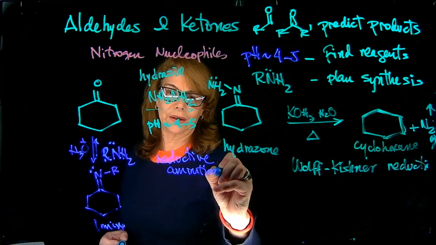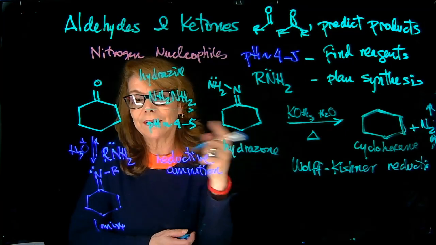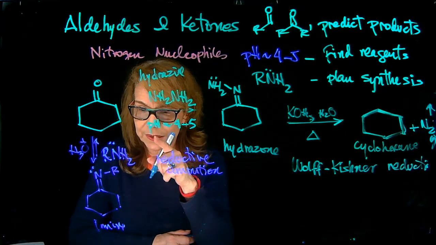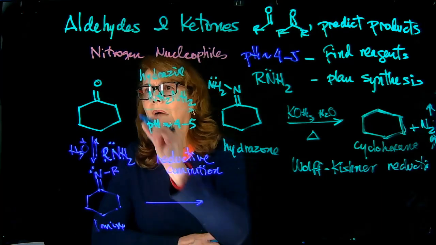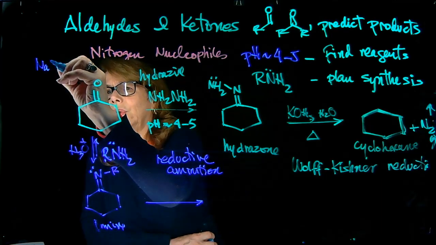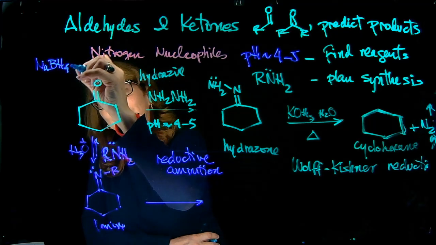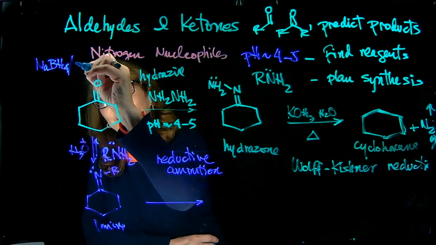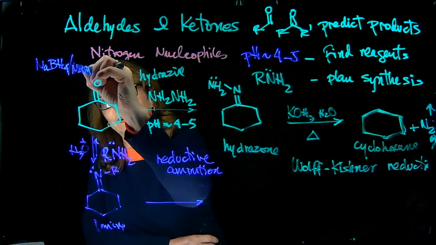It is another reduction, but in this case, we will use a hydride that will reduce selectively imines and enamines. And that is, think of, here we have sodium borohydride. Remember that we can use protic solvents with this, such as methanol. That's where you use aldehydes and ketones.